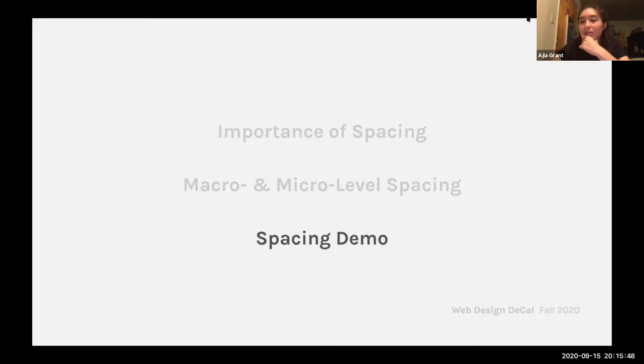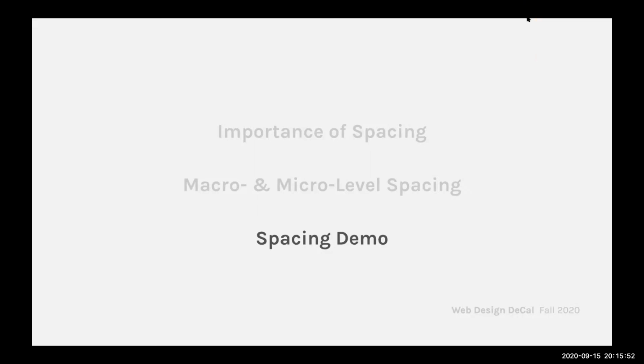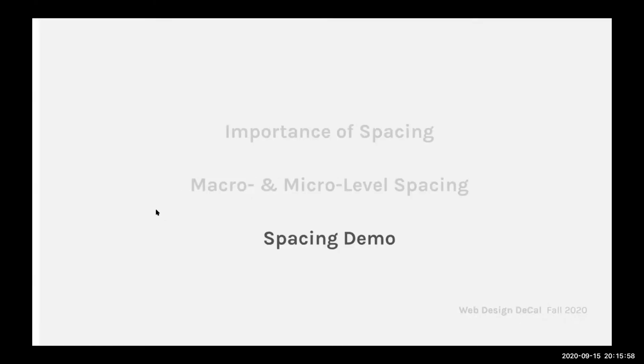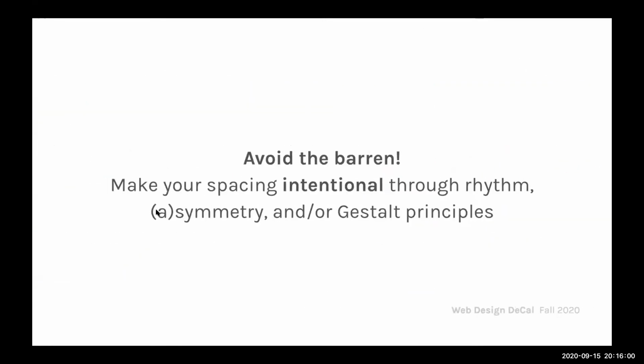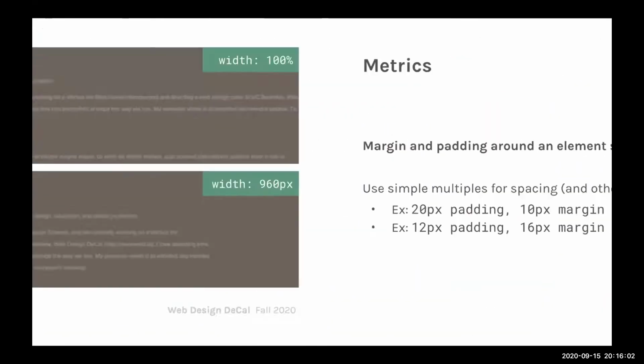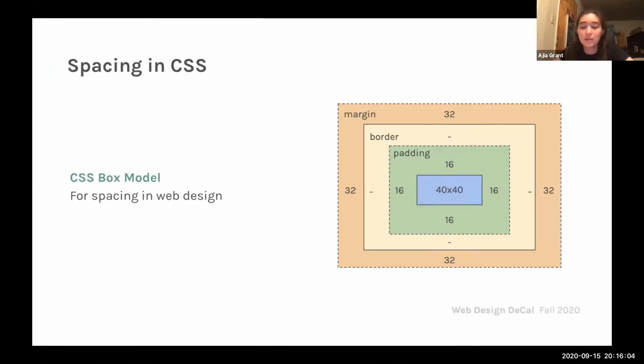You can just unmute yourself if you want. I had a question about the box model. Back to that slide. I didn't get the numbering. Okay, so as I said before, the numbering isn't actually super important.